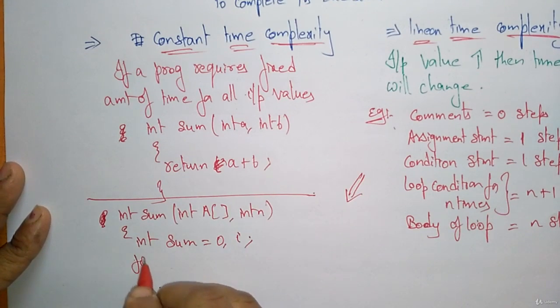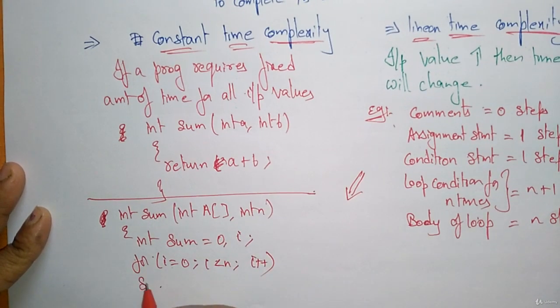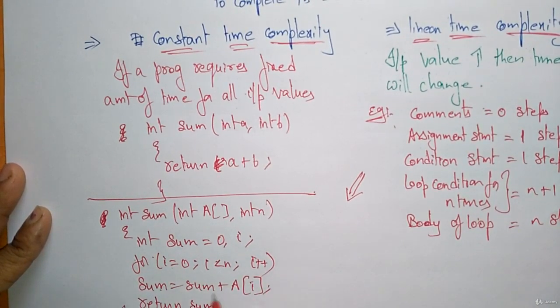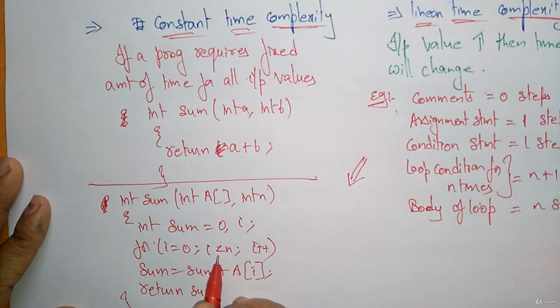I am using the for loop: for i is equal to 0, i less than n, i plus plus, and then sum is equal to sum plus a of i, return sum. This is a simple program that calculates the sum of a of i, where a is the array and the i value should be 0 up to n minus 1.